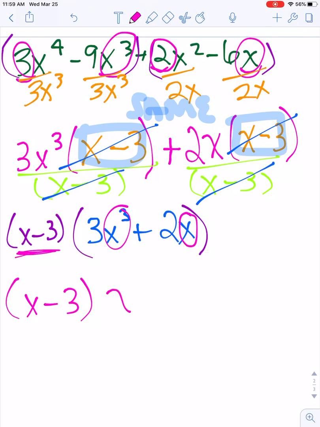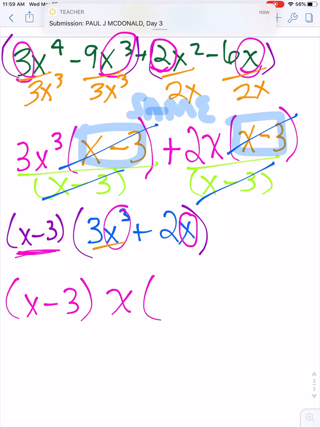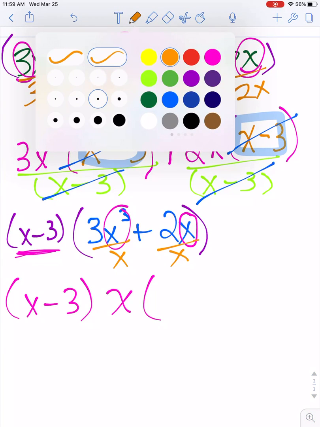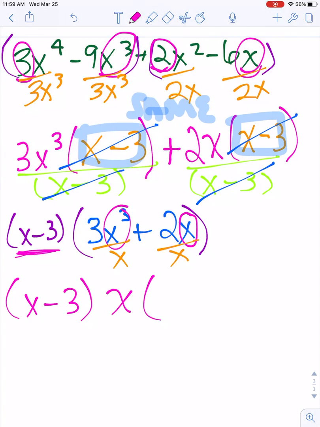So we could have x minus 3 times x, because we're pulling out an x from each of those terms, so dividing both terms by x. We have 3x cubed divided by x gets us 3x squared. Then we have 2x divided by x gets us 2.